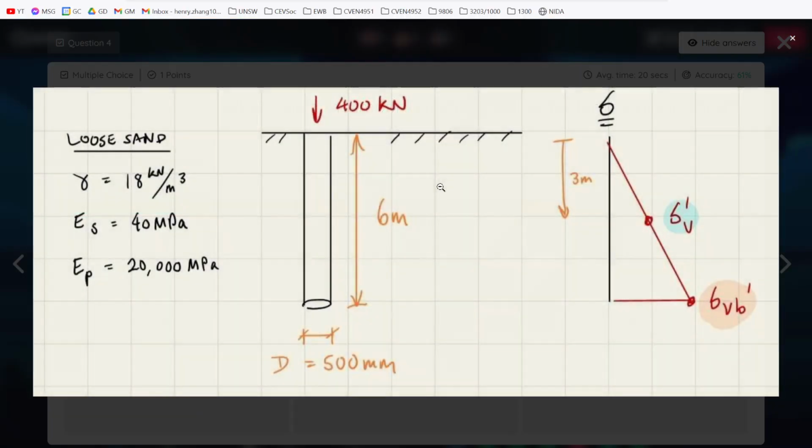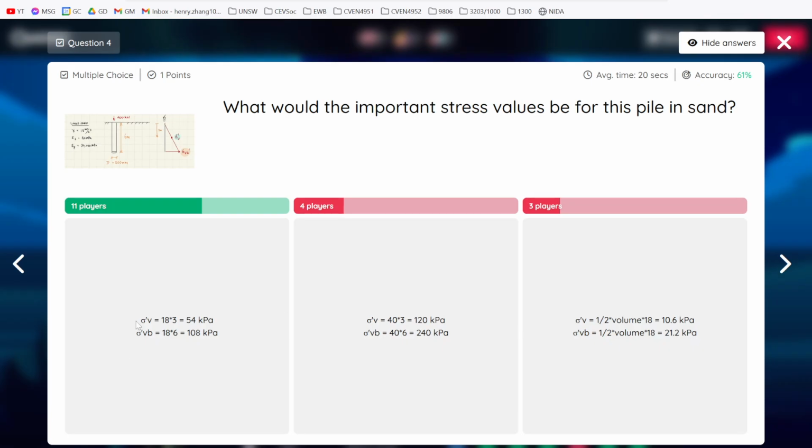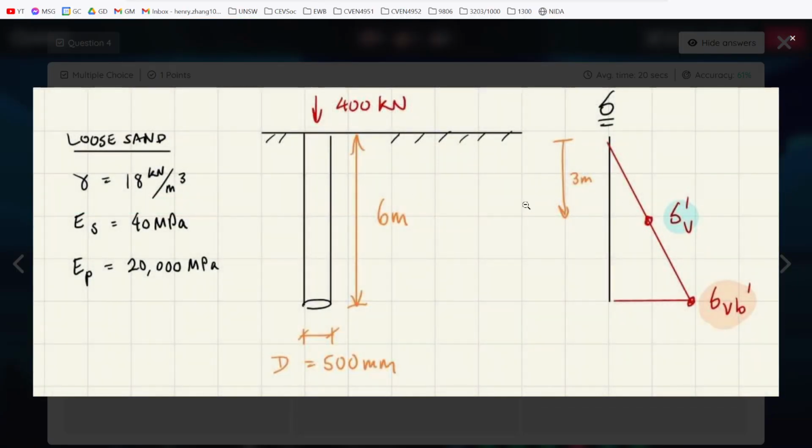Okay, so basically same question, but we have the stress distribution that I've drawn on the right. We care about two particular points. If this is a cohesionless soil, so again we're dealing with sand here, we care about the average stress acting on the shaft, and we care about the stress at the base, okay? To get the stress, we multiply the unit weight by essentially the depth to these points.